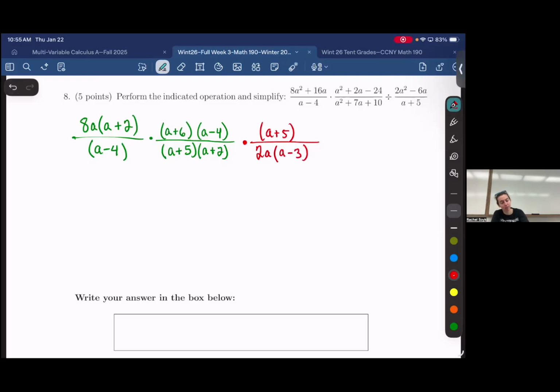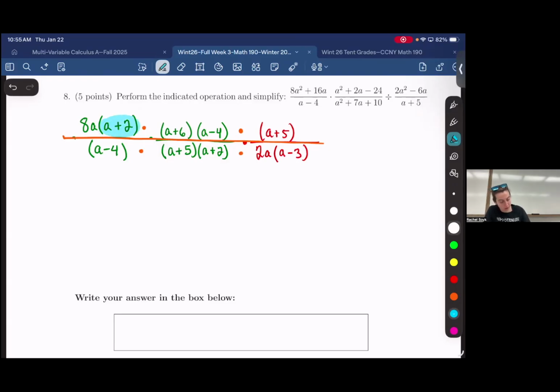Yeah, you're right. Good. Now that it's all multiplication, think about this as one giant fraction, and you are just multiplying all of these binomials by one another. So we can do some color coding now.